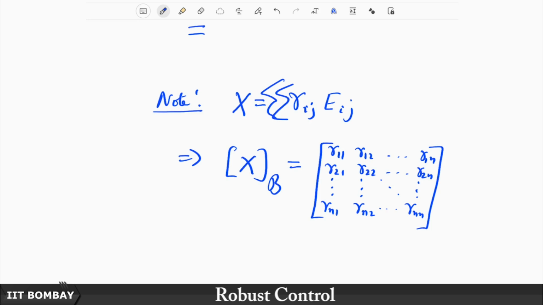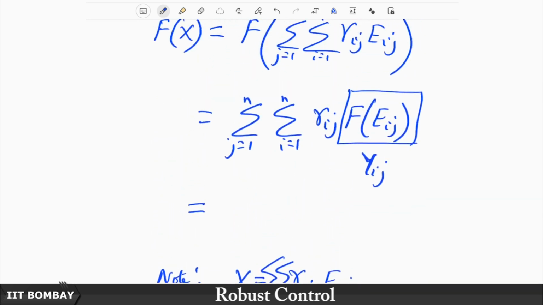Okay. So, this is the matrix representation of x, all right.